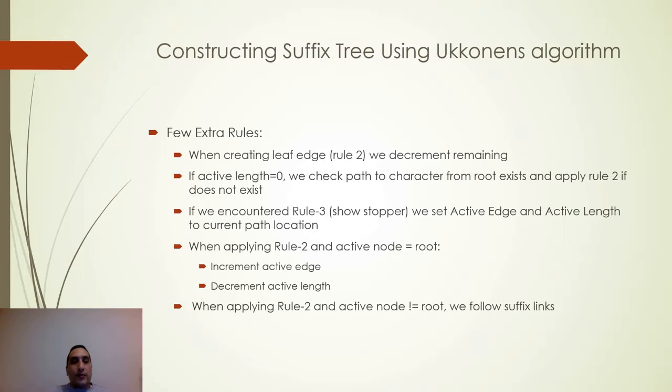And if so, we need to remember to increment active edge and decrement active length. And if the active node variable is not set to the root node, we need to follow the suffix link and continue working on the suffix tree. And right now I think we have all the information we need about Ukkonen's algorithm to start working on strings and start constructing suffix trees for any string.